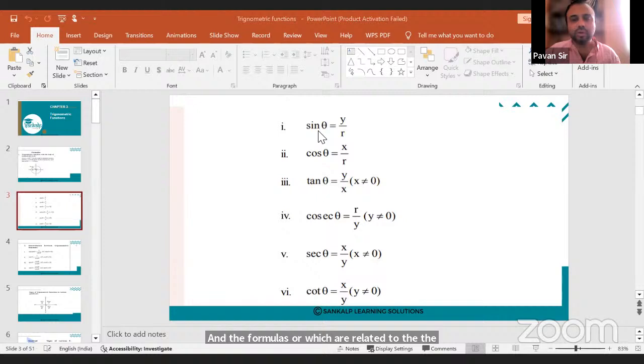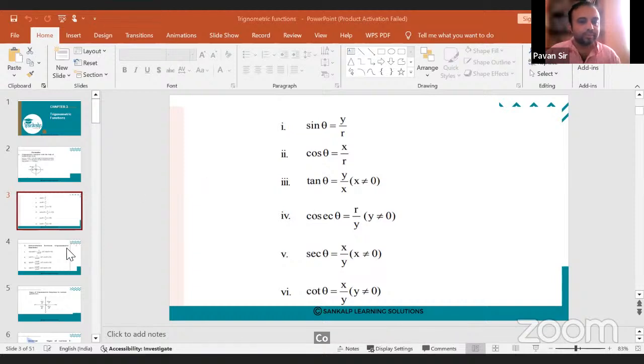Sine theta is equal to y upon r. y is the side of a right angle triangle and r is the radius, so sine theta is y upon r. And next, cos theta and tan theta. Already I hope you know this, I am just revising these things. So cosec theta is r upon y, where y is not equal to 0, and sec theta is r upon x, where x is not equal to 0. Cot theta is x upon y, where the denominator should not be equal to 0.